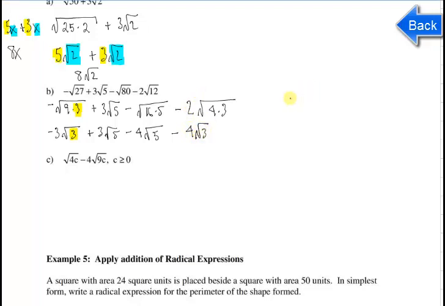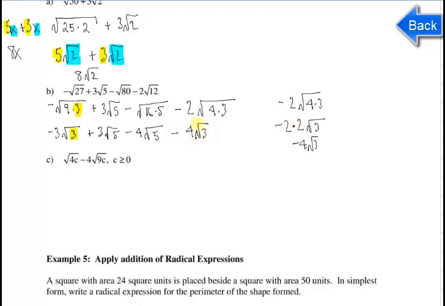You've got negative 2 root 4 times 3. I'm going to take the square root of 4, which is 2, remove it from the radical sign, and multiply it by the 2 that is on the outside already. That gives me negative 4 root 3. So you don't have to write this. You can do the mental math for that, and that would leave you with minus 4 root 3.